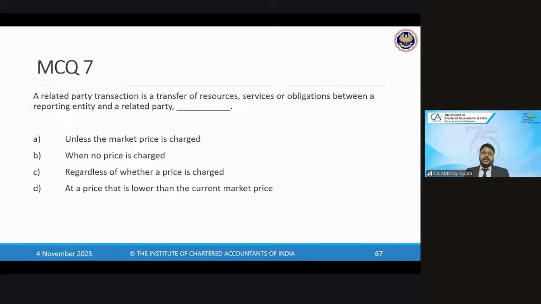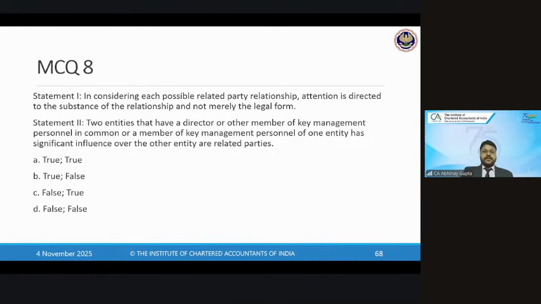A related party transaction is a transfer of resources, services or obligations between a reporting entity and a related party, regardless of whether a price is charged.